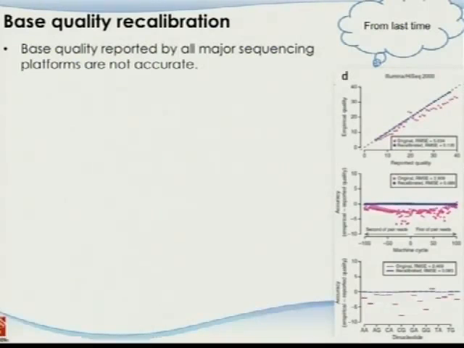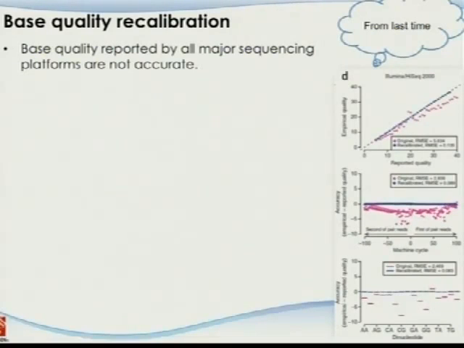The base qualities reported by all major sequencer platforms are not really accurate. This is one example from HiSeq technology, Illumina technology, where X is the reported quality and Y is the empirical quality, the real quality.